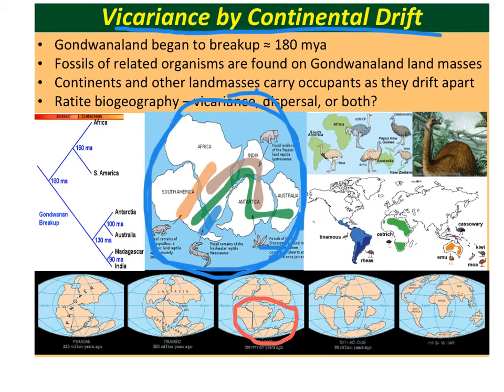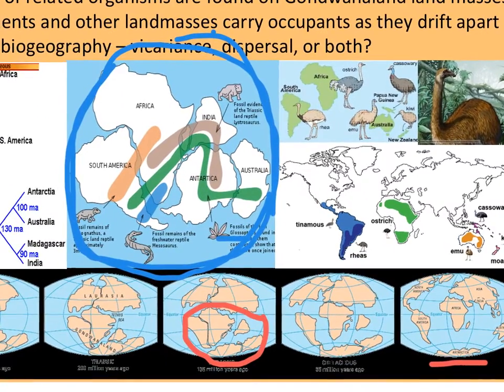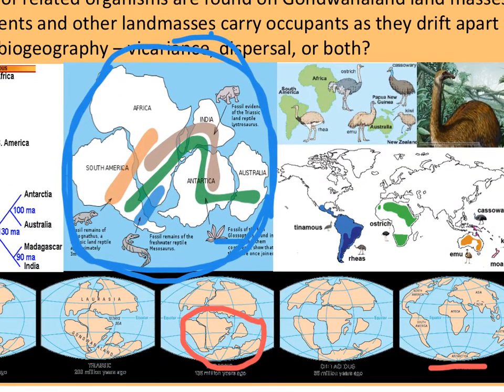Until finally we get a situation where it's more along the lines of, and then there are these ratite birds as an example, including rhea in South America, and also another bird, the lesser and greater tinamous that are related.